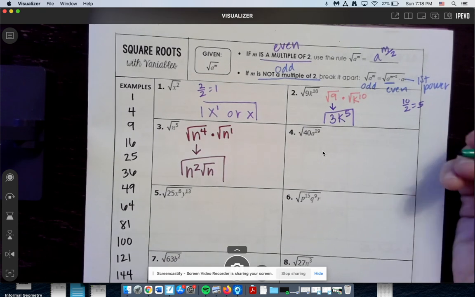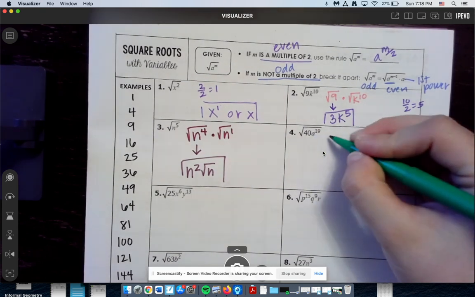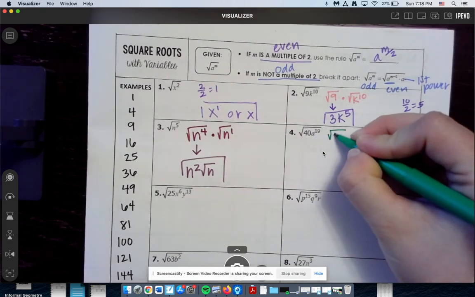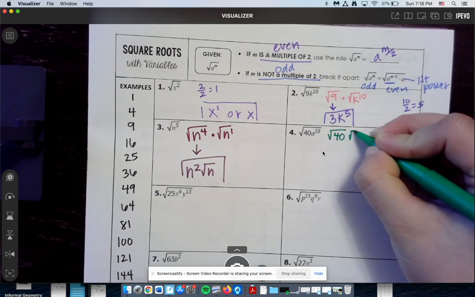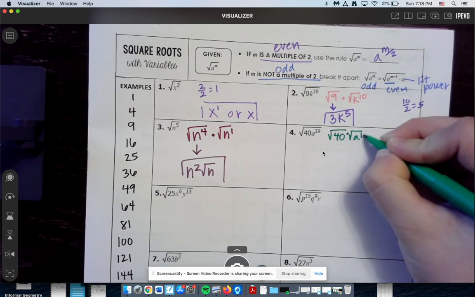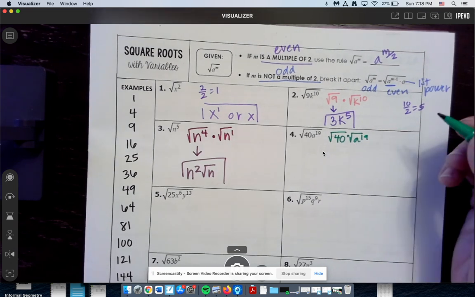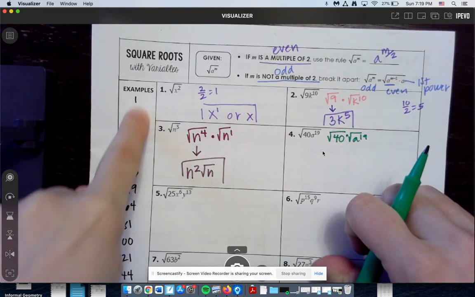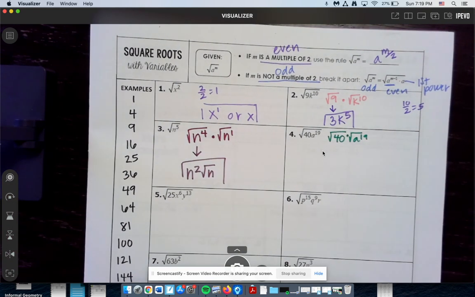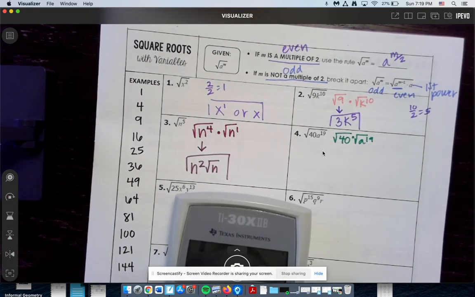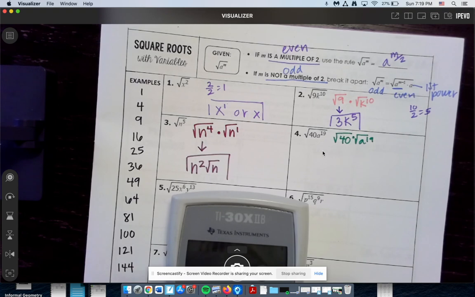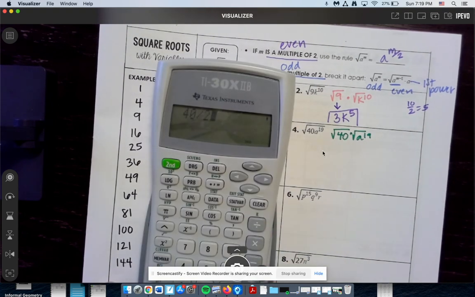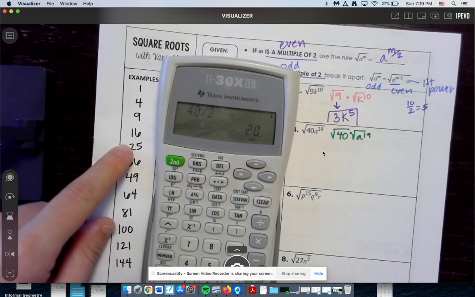Okay, let's try another one. So we're going to break it apart. The square root of 40 times a to the 19th. Okay, we've got to look. Is 40 on our perfect square list? Nope. So now we're doing what we were doing on that last page. The square root of 40. Oops, I lied. 40 divided by 2 is 20. 20 is not a perfect square, so where does it fall?